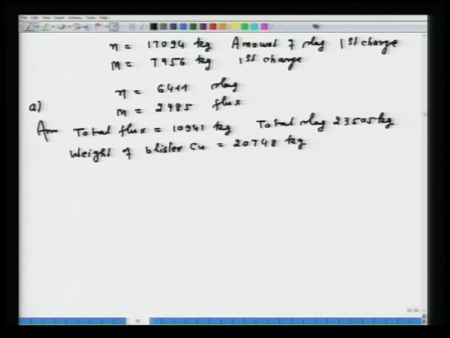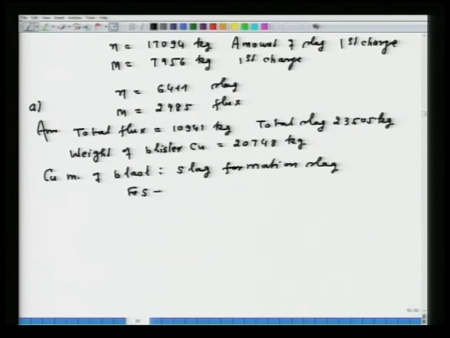So, we require cubic meters of blast in the slag formation stage. We require, for oxidation of FeS, plus 1.5 O2.